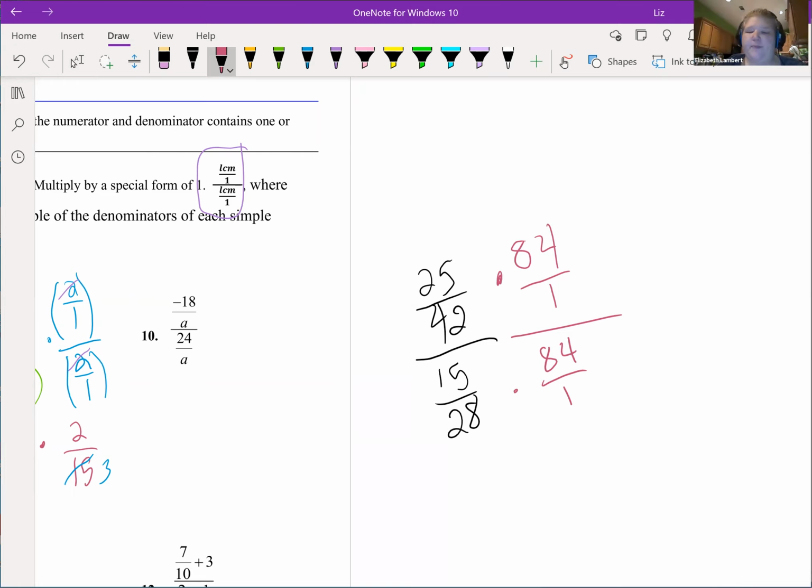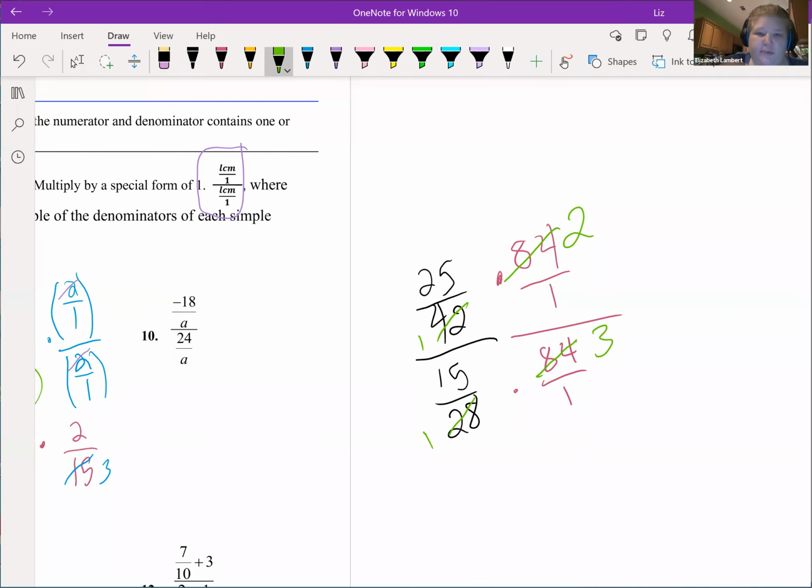All right. So the reason we picked 84 is because 42 divides nicely into 84. It is in fact twice. So this is now a 1 on the bottom, and this is now just a 2. Then down here, 28 goes into 84 3 times. So this is now a 1, and this is a 3. So now I have 25 times 2 over 1 times 1, which is 1, and over 1, we don't have to write.